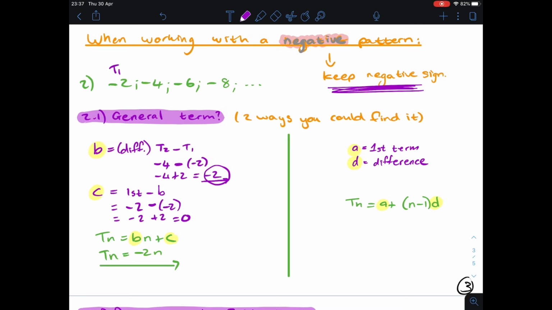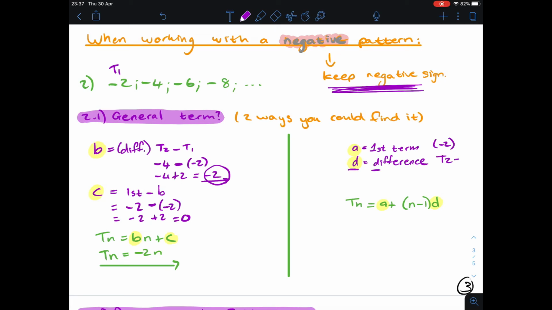Okay, now I'm going to show you how to do the second way of finding the general term. So A stands for the first term. If you think about this alphabetically, you go A, B, C, D, and A is the first one in the alphabet. So the first number in the pattern that you have, so -2. Then D stands for difference, so that's quite easy to remember.